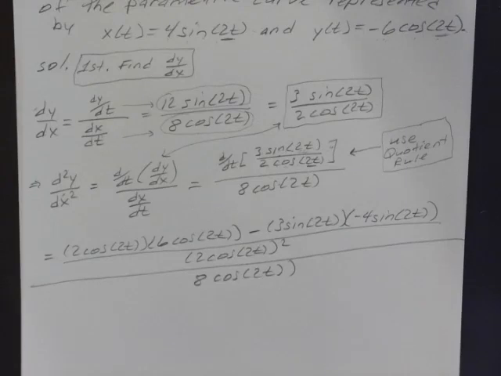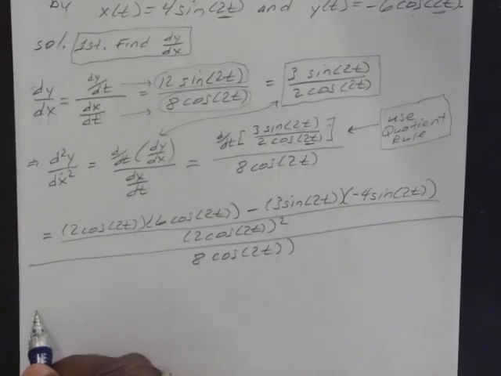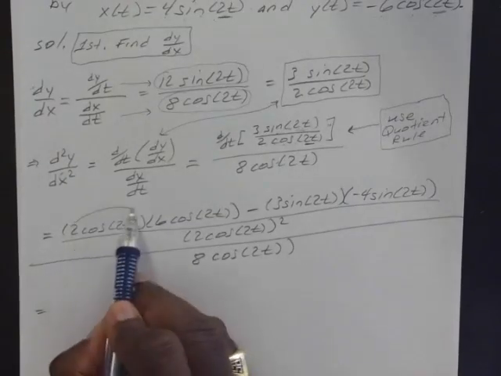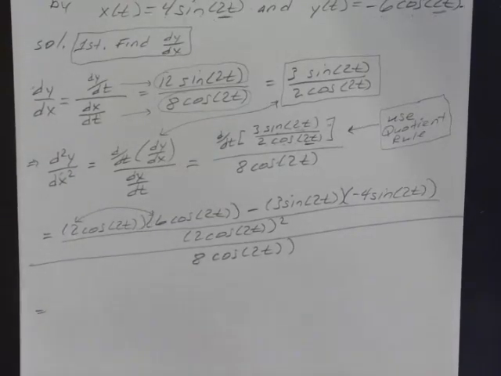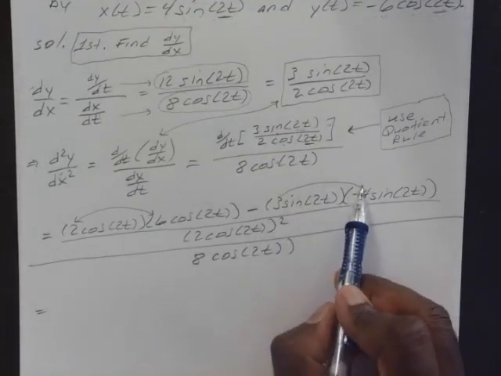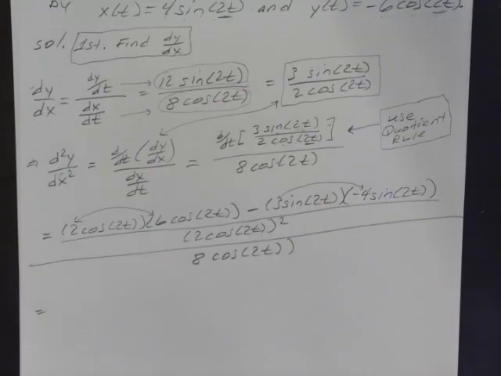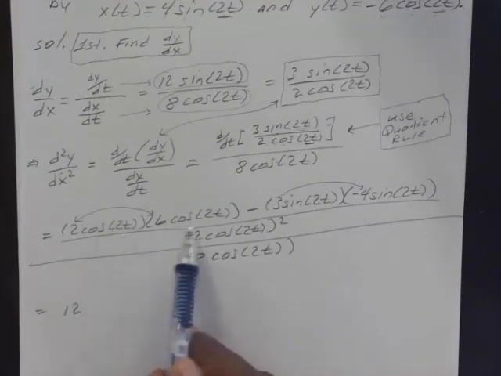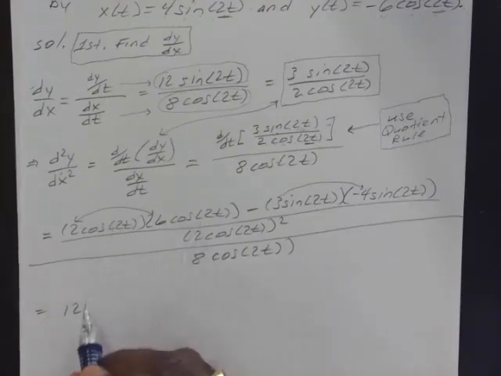Okay, so if we simplify this, we can go ahead and multiply 6 and 2, and we can multiply 3 and negative 4. So we end up with 12, and if we multiply cosine and cosine, that's cosine squared.